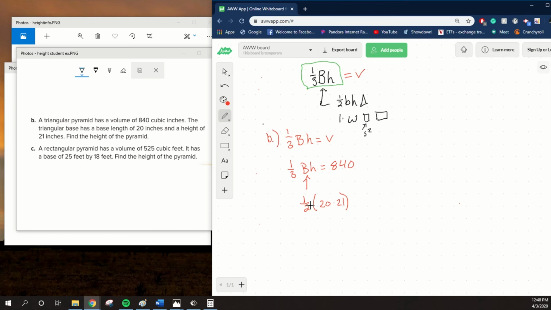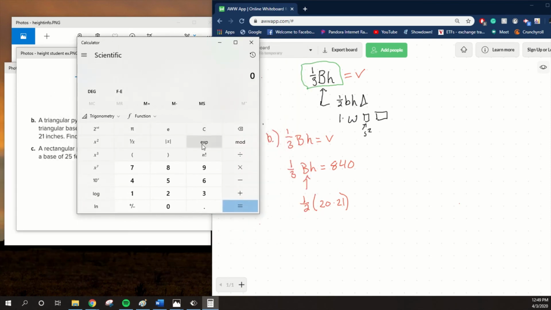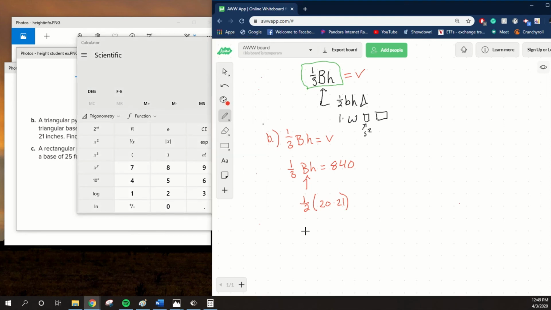So let's go ahead and just get this calculation out of the way and do it right now. Figure out what the area of that triangle for our base is. So I have 0.5 times 20 times 21. So 210.